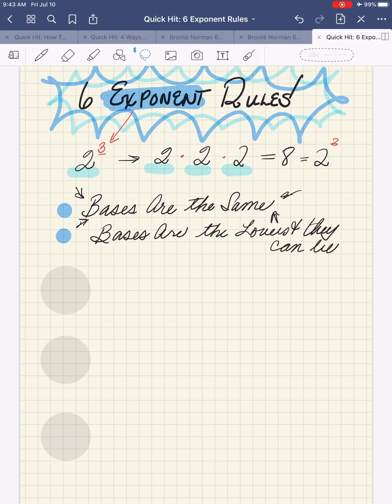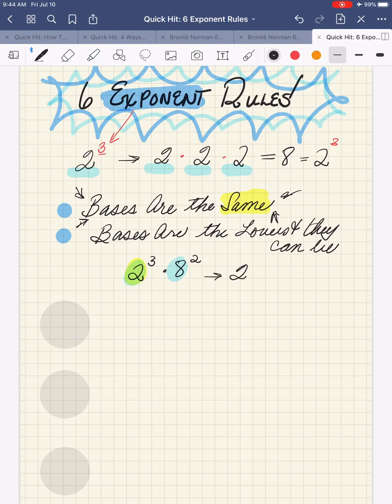For example, if I had 2 to the third times 8 to the second, I know that the bases have to be the same. I would not try to make this into base 8, that would be too complicated. Instead, I would make both of them into base 2. I keep the first one the same, 2 to the third.